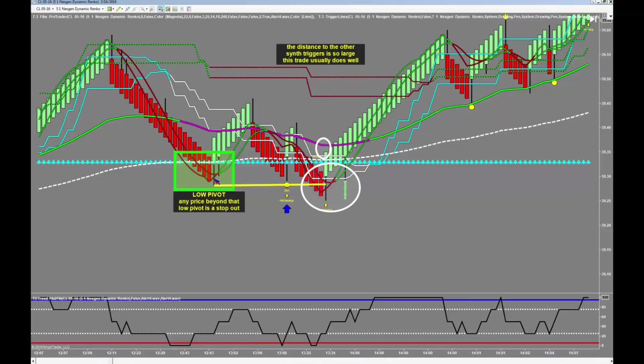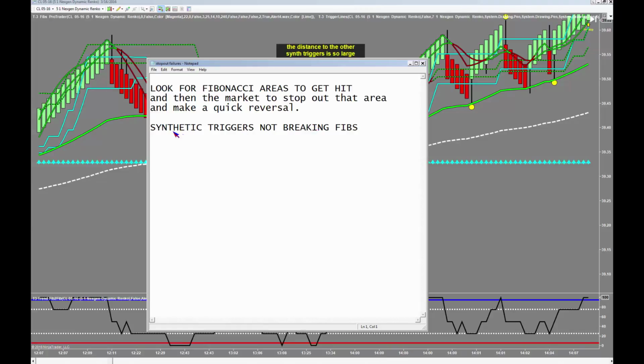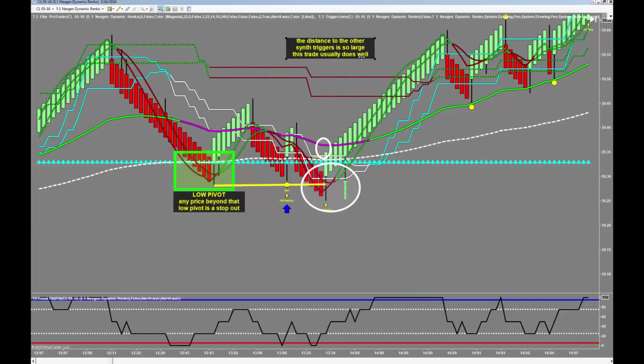So this is what we're looking for. When you get to a fib, let it stop out real quick. Synthetic triggers not really breaking through the fibs. A bonus is a long way back to synthetic triggers. This is kind of the bonus look where you've got such a long distance to get back to your synthetic triggers.